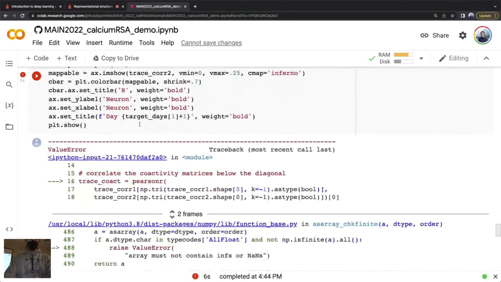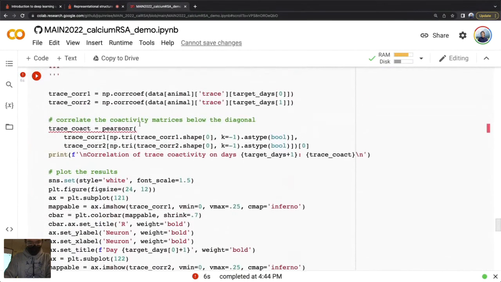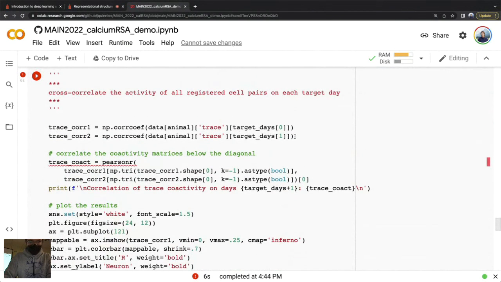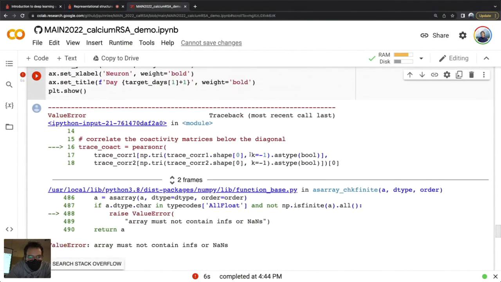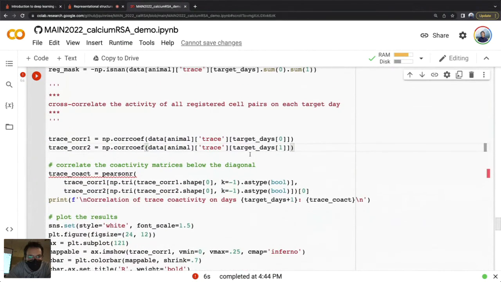Oh, what did I do wrong? I'm probably missing something here. Yeah, the Pearson correlation. Yes, we're missing a part. Where did I miss it though? Is it in here somewhere?